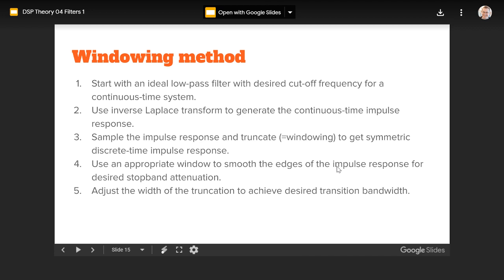Remember also that in this analog domain the frequency goes also negative, just like in digital systems. So you also have the negative frequencies, so minus FC. There. That's an ideal low-pass filter, given a desired cutoff frequency. Then we use the inverse Laplace transform.